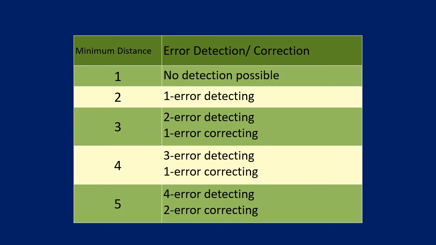So we have here the first few numbers for the minimum distance. So remember that we have to write them in the form 2e plus 1. Okay, so in this case, our e equals 0.